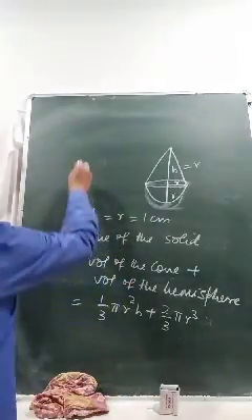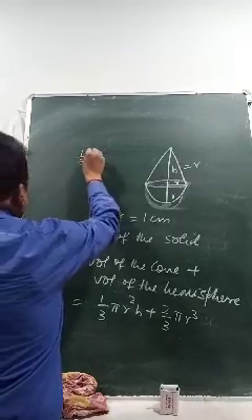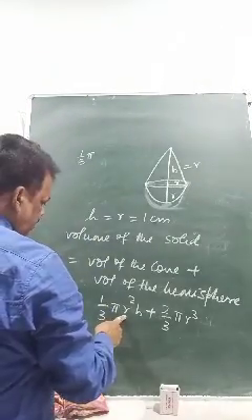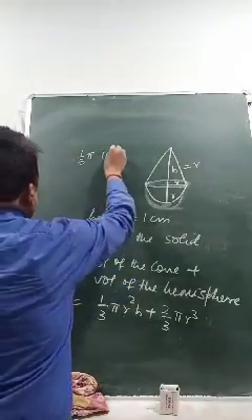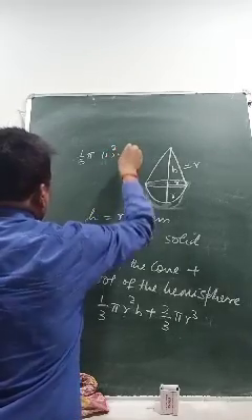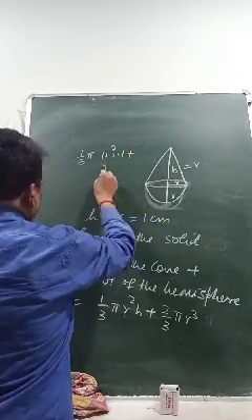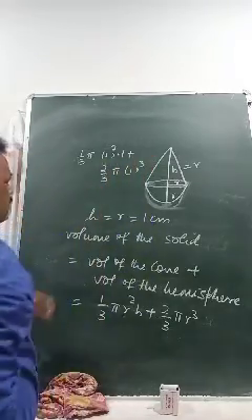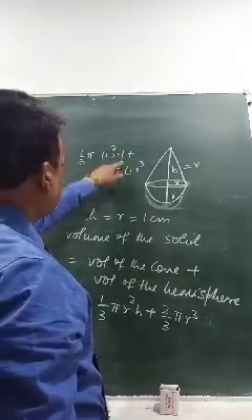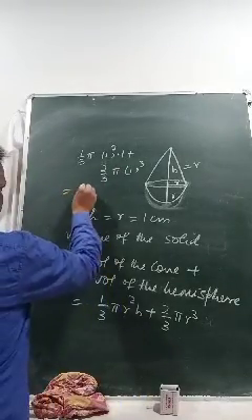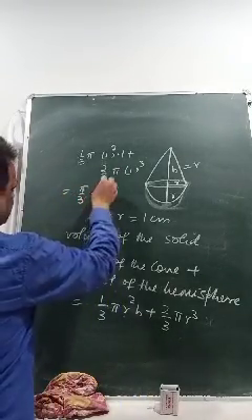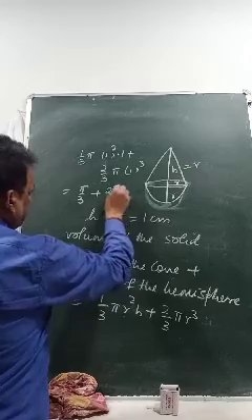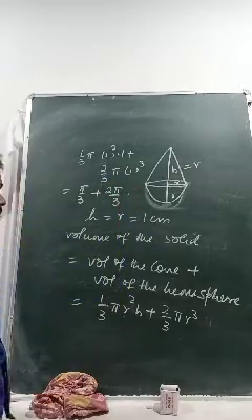So it is 1 by 3 pi 1 square into 1 plus 2 by 3 pi 1 cube, which is pi by 3 plus 2 pi by 3.